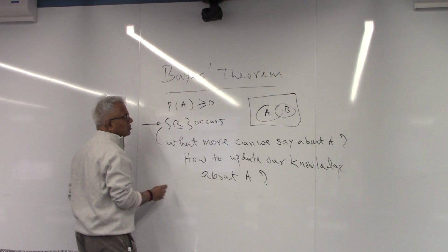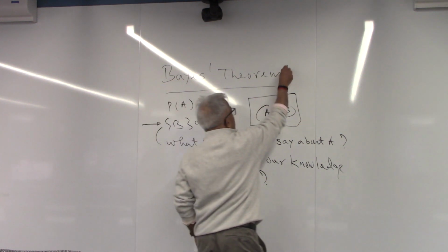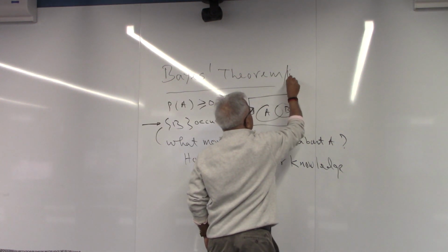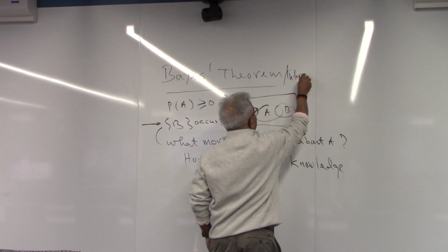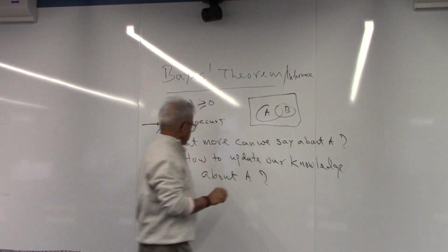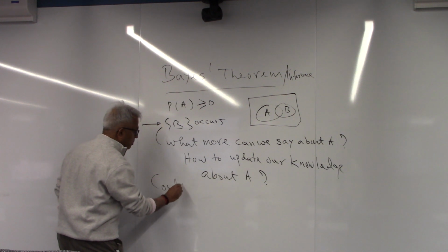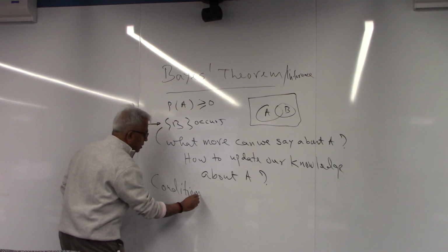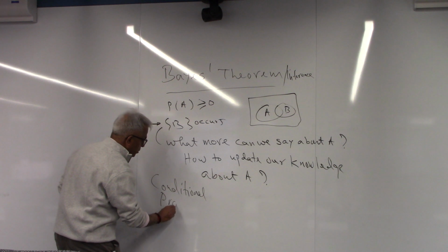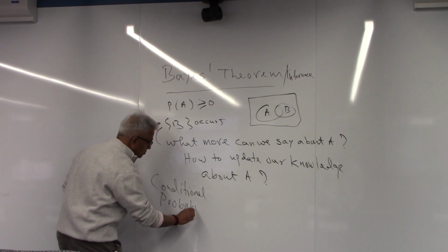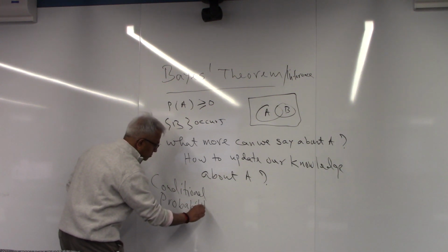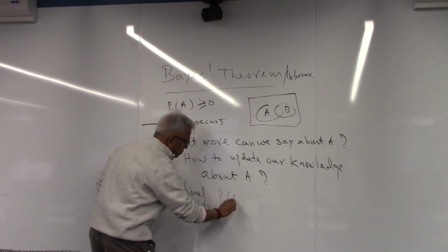So it also goes with inference. Of course, the conditional probability is key here. The conditional probability of A given B, we write it this way.